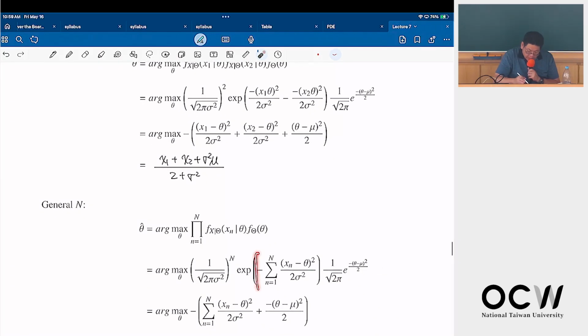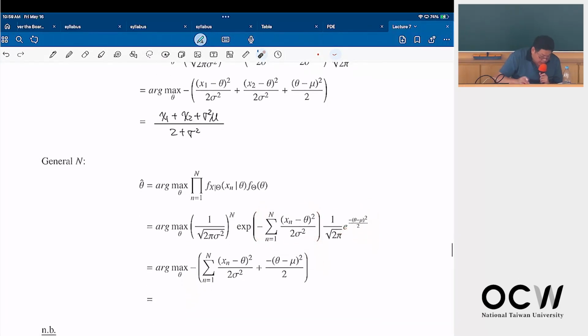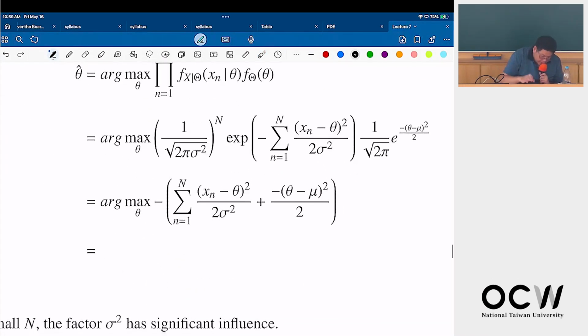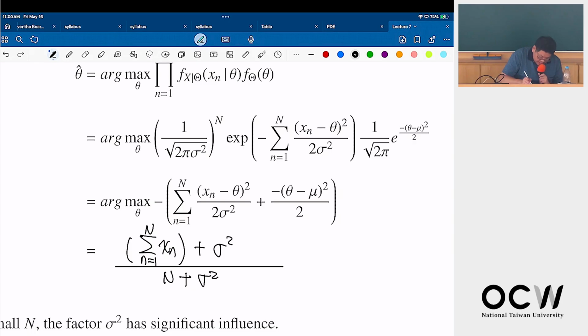Focusing on these two exponents, to maximize them, we get theta should be the sum of your realizations plus sigma square, the variance, times mu, divided by n plus sigma square.